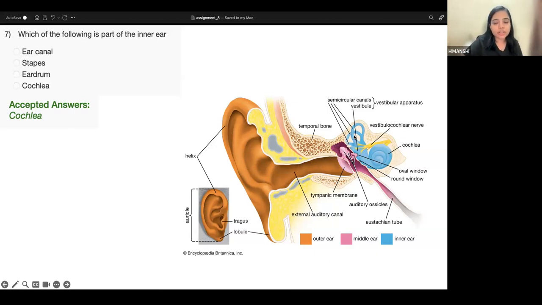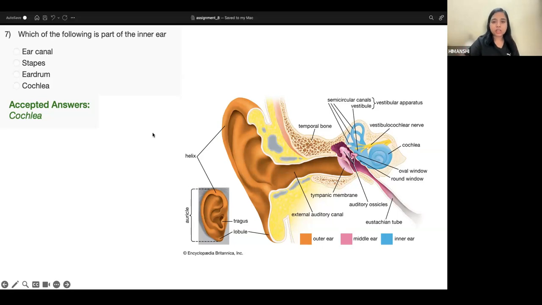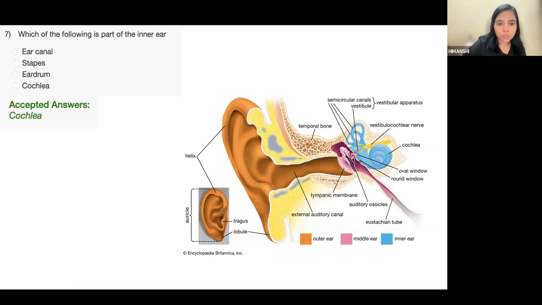By the oval window, it is connected to the inner ear, and the inner ear has multiple parts. That is the vestibular apparatus. You can see here the vestibulocochlear nerve, which innervates the vestibular apparatus and the cochlea part, correct? If you guys are not able to understand this, go back to the lecture, and even then, if the structure is not clear to you, I might discuss it later if you want.